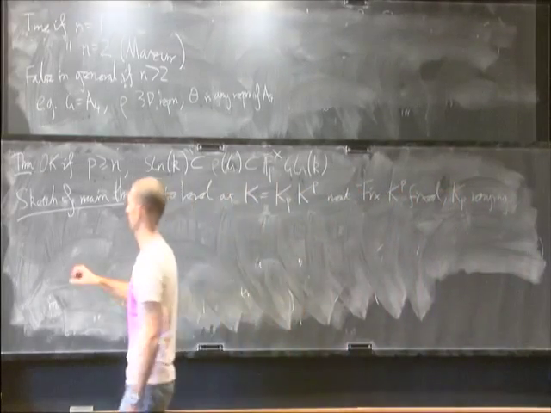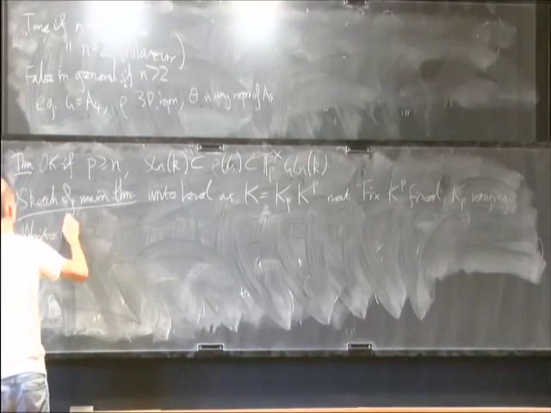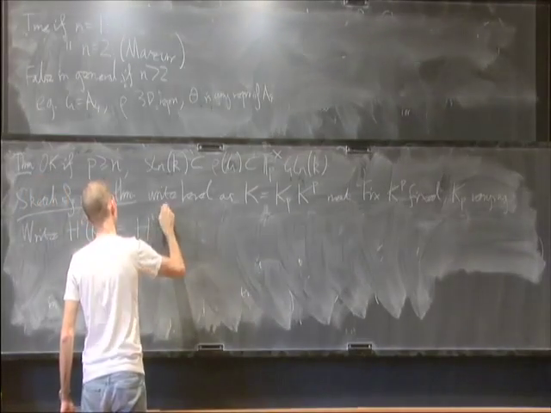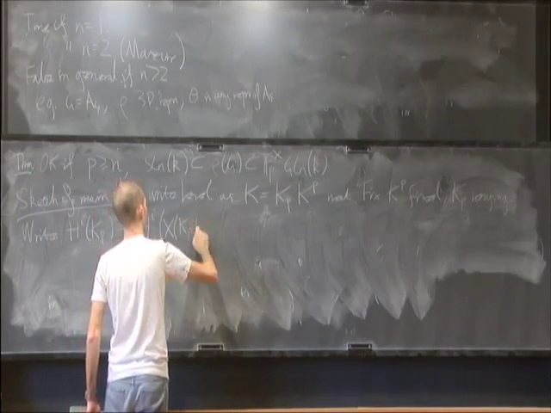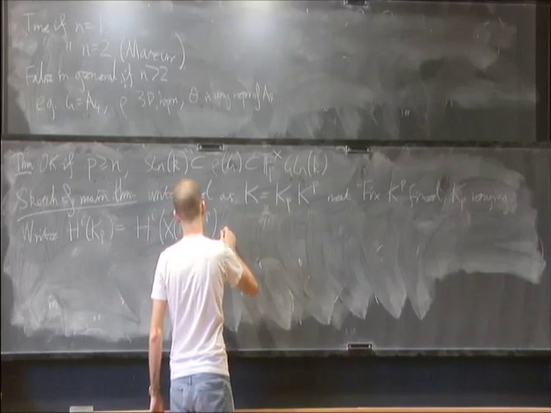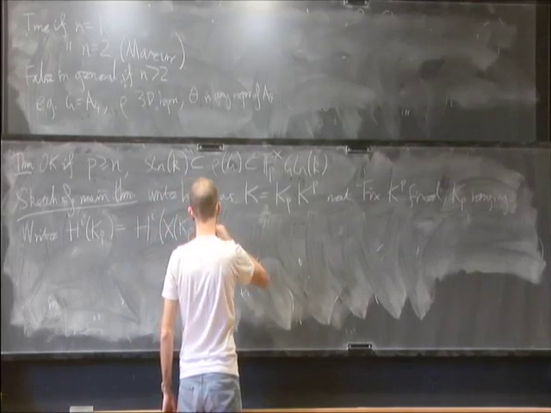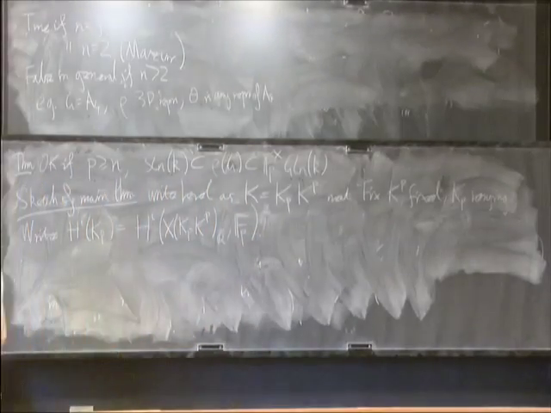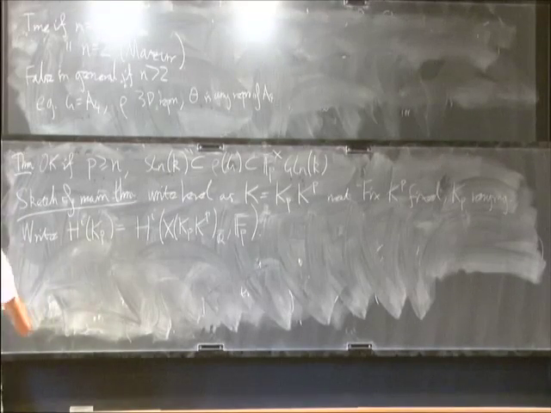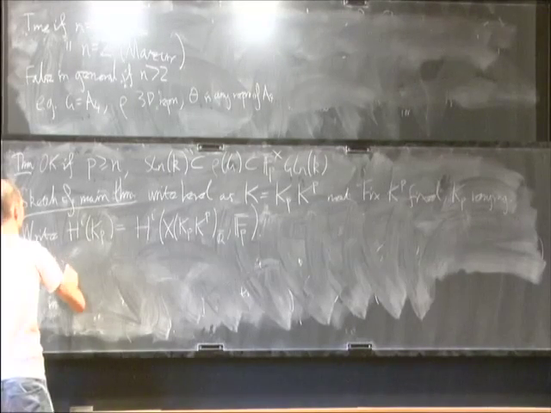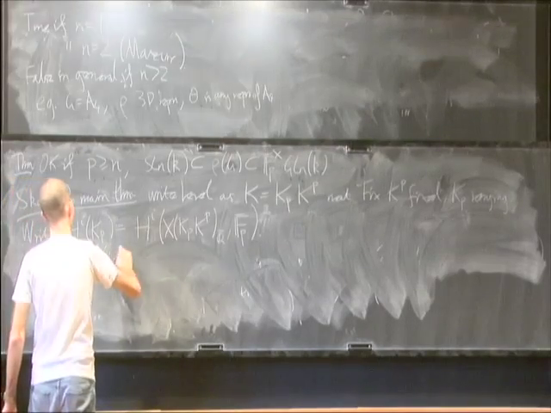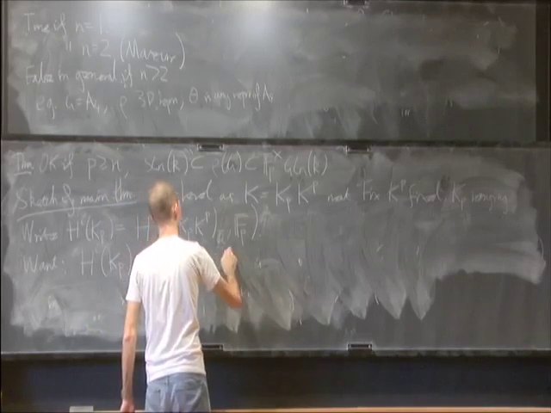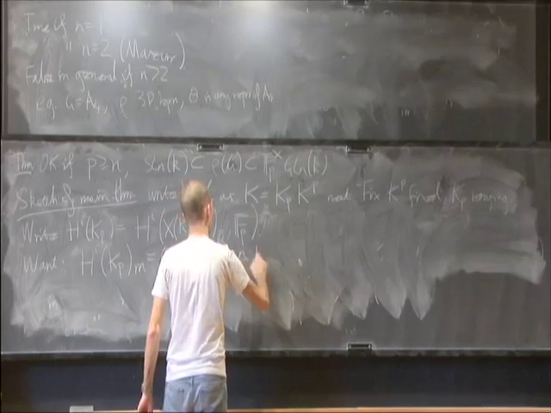Let's write H^i(K_p) for H^i of X(K^p K_p) with Q bar_p coefficients. Then we want to show, roughly speaking, with all those hypotheses, that H^i(K_p, m) is 0 for 0 less than or equal to i less than or equal to (n minus 1)/2.